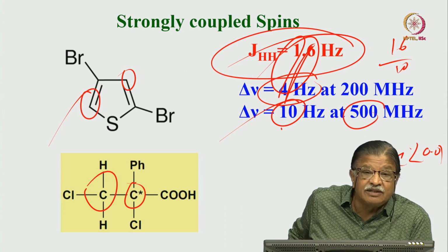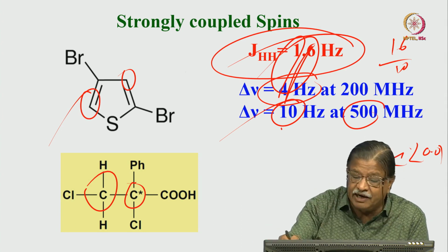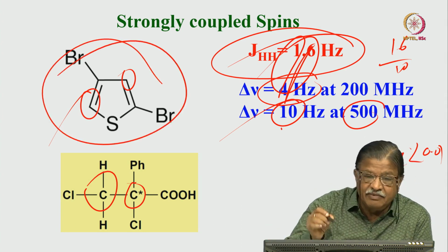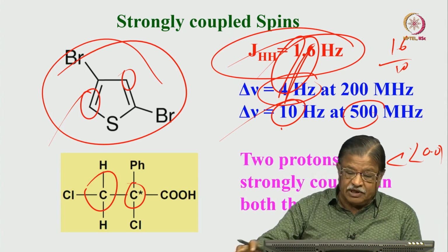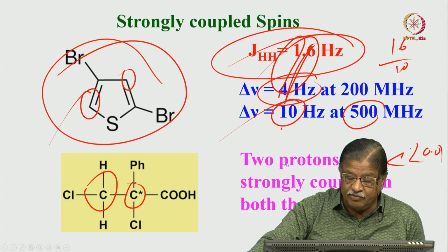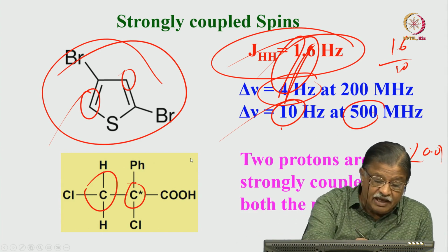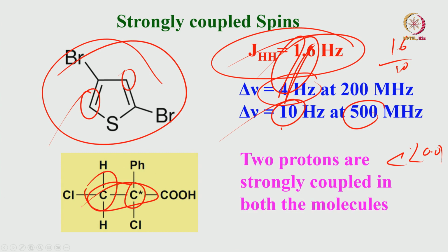That is why they are strongly coupled. Even at 500 megahertz, these two protons are strongly coupled in both molecules. Now, if we consider this one, I will not bother about carbon-13, which we showed in the previous example. I consider the protons here. The two protons are not equivalent, they are different, there is a chemical shift difference.